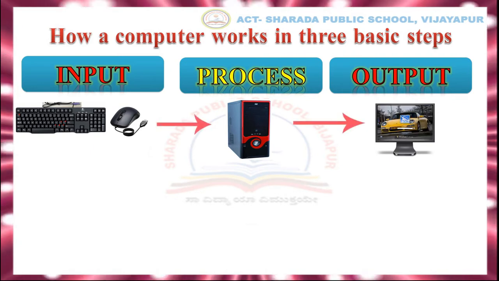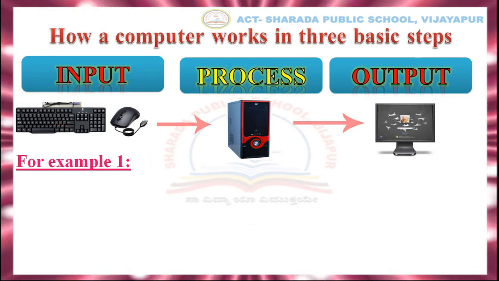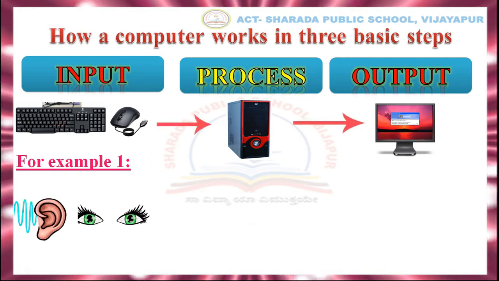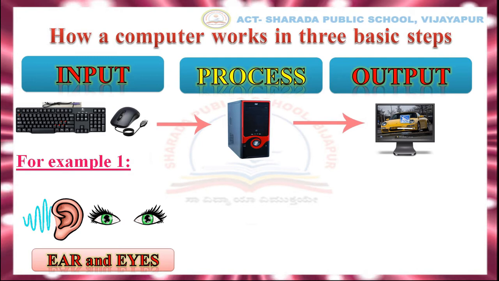Let us understand these steps by taking an example of our body parts. Example number 1. When a teacher asks us a question, we hear with our ears and see with our eyes. The ears and eyes are the input units.